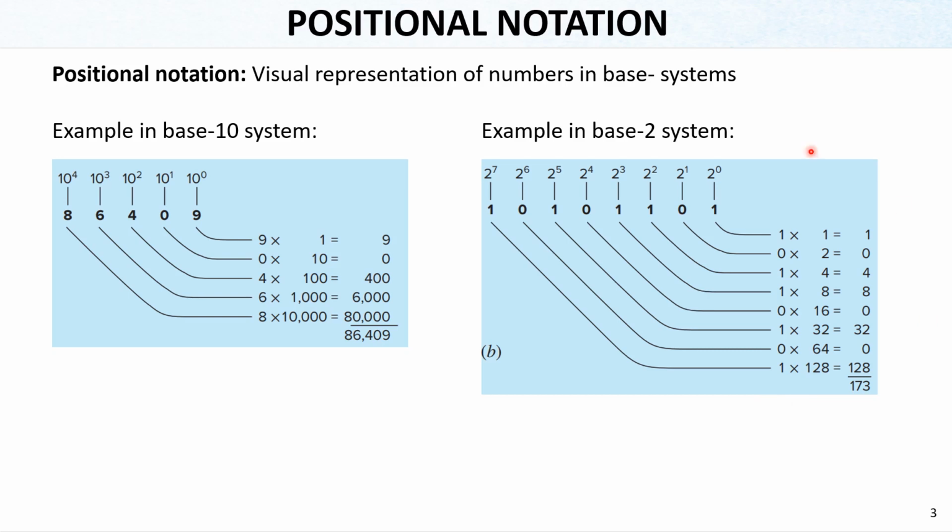We can define the number with this positional notation, simply multiplying the number by each position power. Actually, 2 to 0 is 1, 2 to 1 is 2, and in the end, we sum them all to get the value of the result.